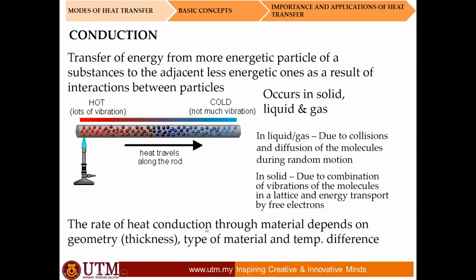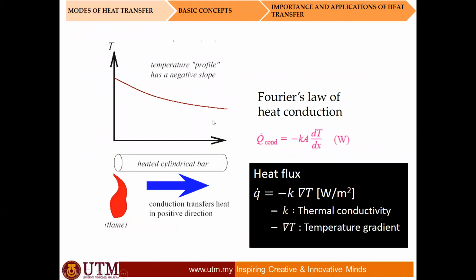So the rate of heat conduction through a material, let's assume this is the example, from hot to cold, depends on the thickness of the material, the type of material, and the temperature difference that we apply on the material. So if we plot the temperature against the length of the bar, let's say we heat it on one side and we leave it at ambient at the other side, we'll have a temperature profile.